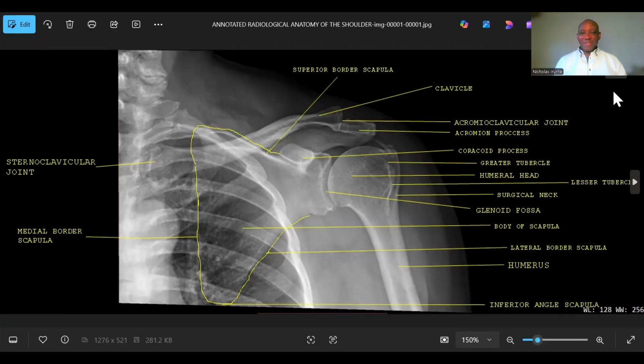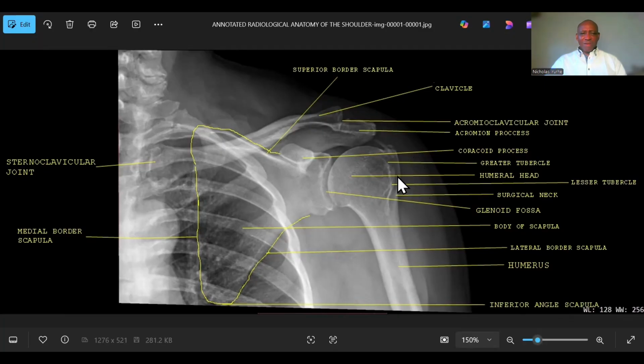With the in-depth knowledge of this radiographic anatomy, you will be able to appreciate the clinical significance of some of the structures we're going to talk about. This is going to come in a series, and this is the first part.